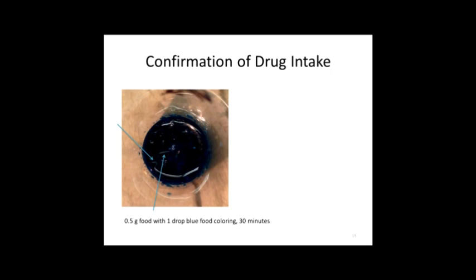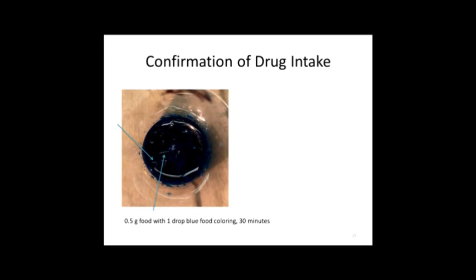After a few experiments, it occurred to me that it might be good to see if the larvae were actually ingesting the food that they were being placed in. Since the drugs were mixed into the food, it's important that the larva was actually ingesting the food, and that way the drug would be ingested into their body.